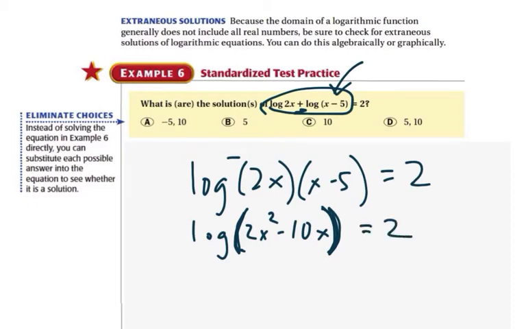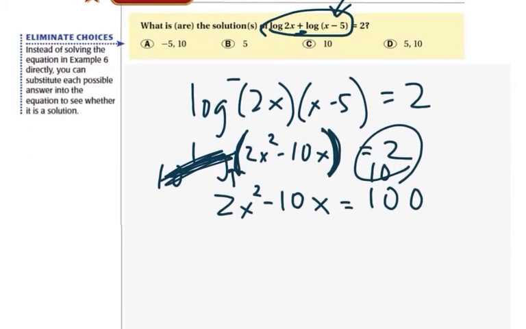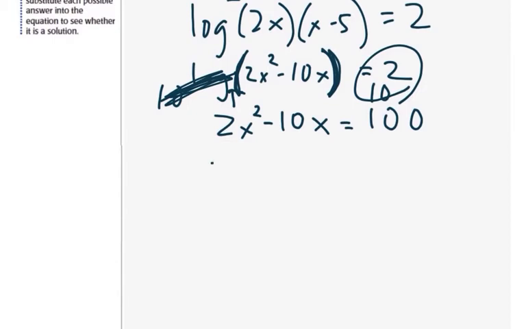Notice there's no base under the log, which means it's assumed that this is a base 10 log. I'm going to take both sides to the 10 to the power of, which cancels out the log. That gives me 2x squared minus 10x is equal to 10 to the second power, which is 100. It's time to factor to solve.